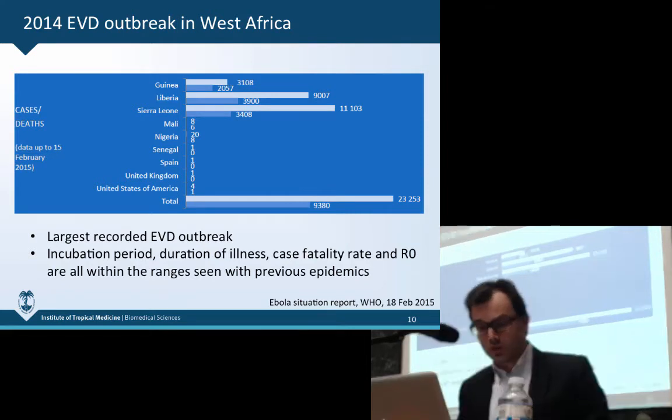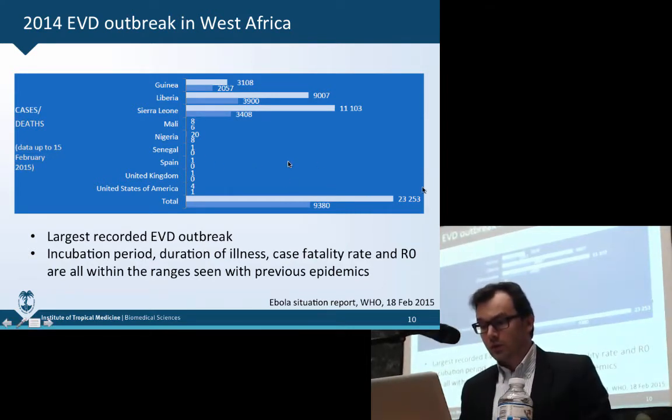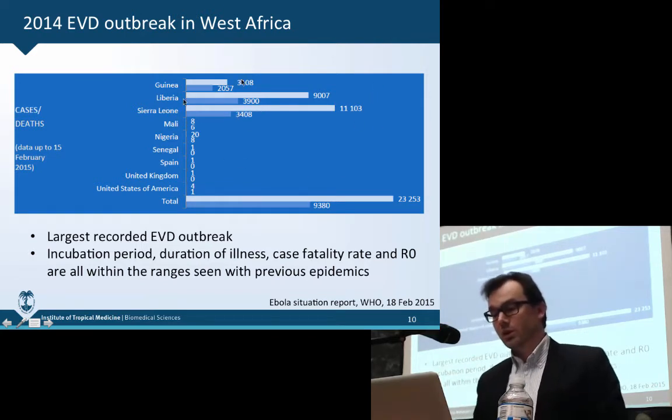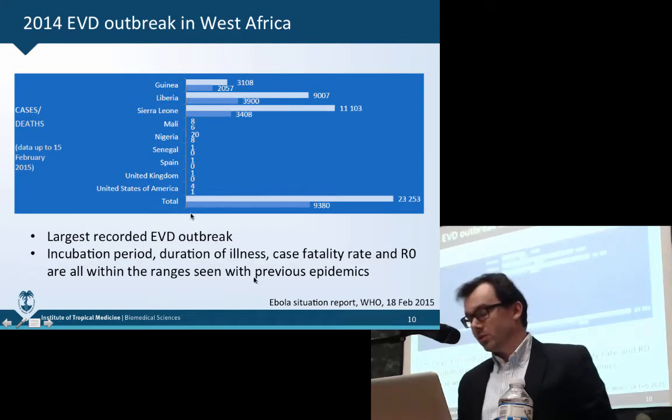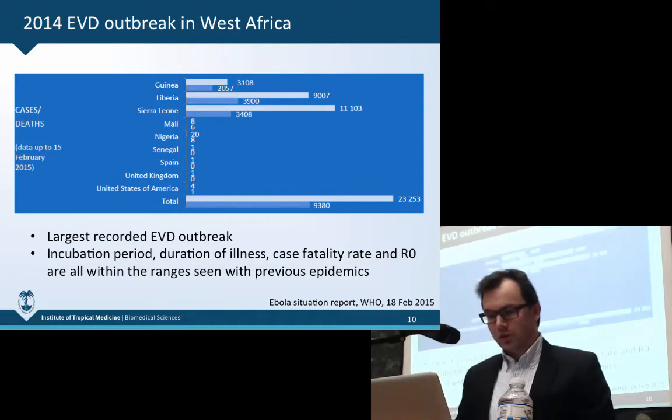So if we look at the current situation, over 20,000 people got infected, almost 10,000 died of it. The majority of the infections occurred in Sierra Leone and Liberia, a bit less in Guinea. It's by far the largest outbreak of Ebola virus disease until now.